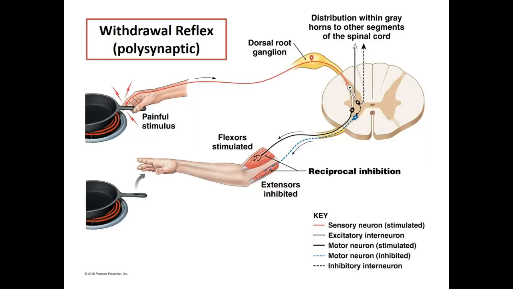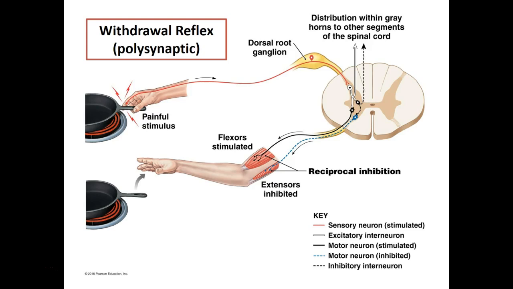So what about if you get something that's hot? Generally you don't have to think about pulling your hand away. It just happens really, really quickly. Here thermal receptors detect something that's hot. Sometimes also nociceptors are going to be detecting there's damage. So that information is once again routed to your spinal cord. And here, information is sent out to those muscles to retract your hand away from something that's hot.